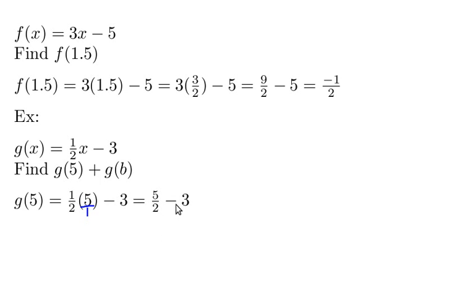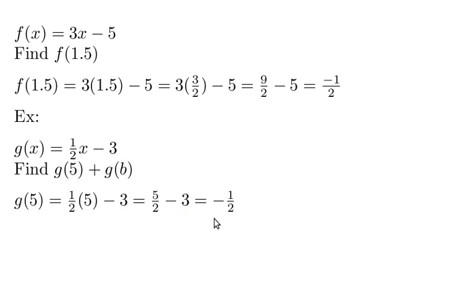And this 5 halves minus 3, well, this 3 is the same thing as 6 halves. So now we have a common denominator. So we have 5 minus 6, it's going to give us negative 1/2. So that means we have g of 5 is negative 1/2. We just put 6 halves in for 3, subtracted 6 halves from 5 halves, and got negative 1/2.